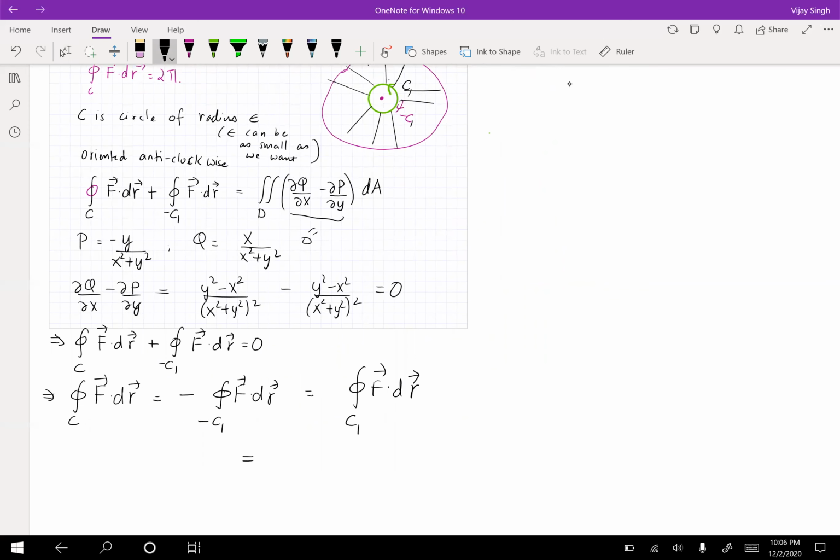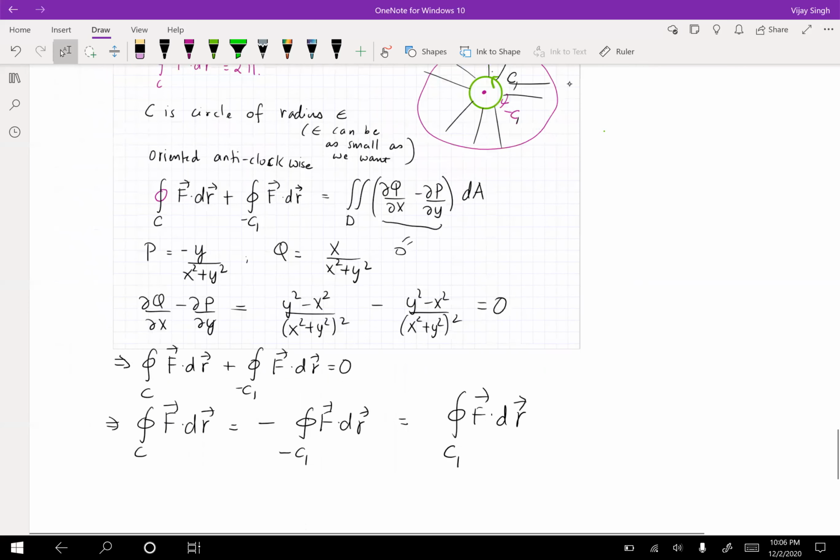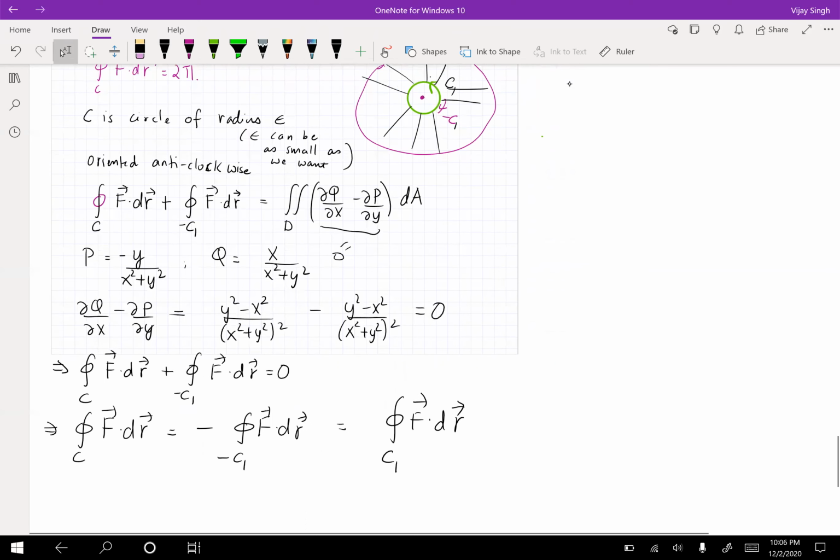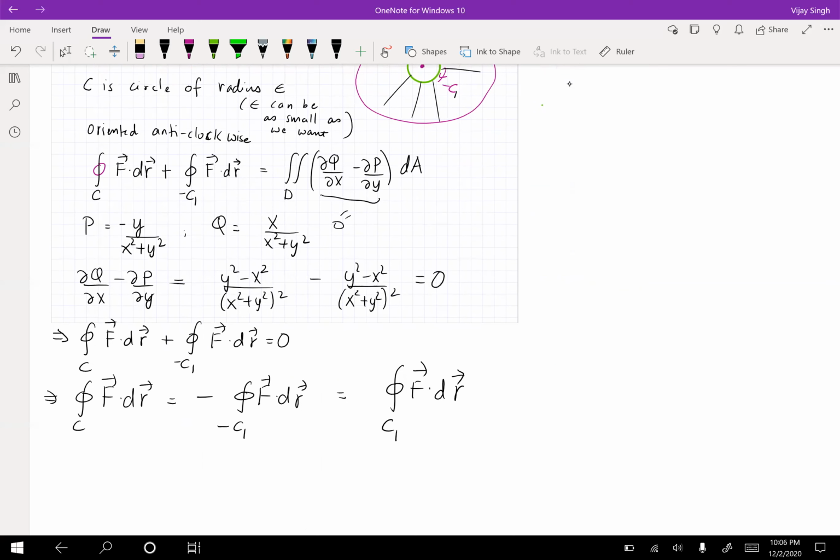So this is going to be what? f dot dr over, so we have, what is r of t in this case? So we want to compute this now. So C1, let's do a parameterization for C1. C1 is a circle of radius epsilon here. So the parameterization for C1 is r of t, which is epsilon cos t.